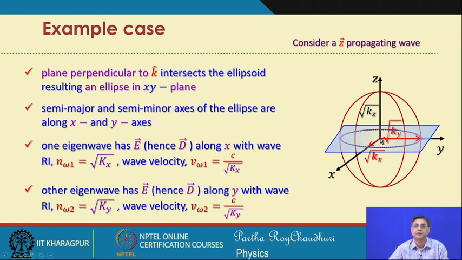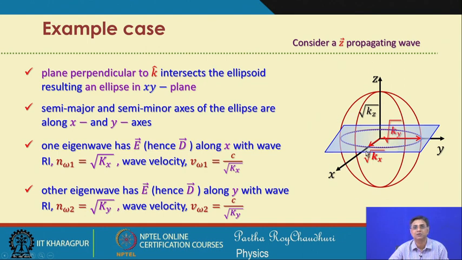So, the semi major axis and semi minor axis of the ellipse will represent the two refractive indices and also the direction of the polarization. That is, the semi major and semi minor axis of the ellipse are along the x and y axis. One eigen wave has E, hence D, along the x axis, because this is the principal axis system.